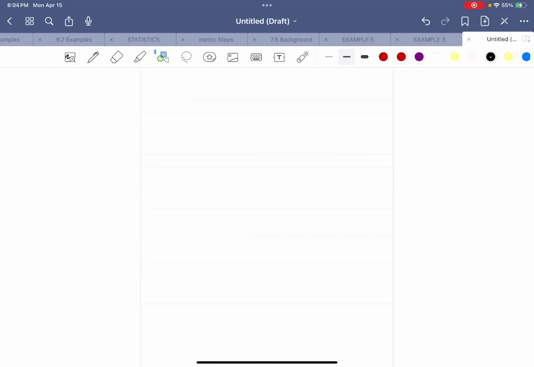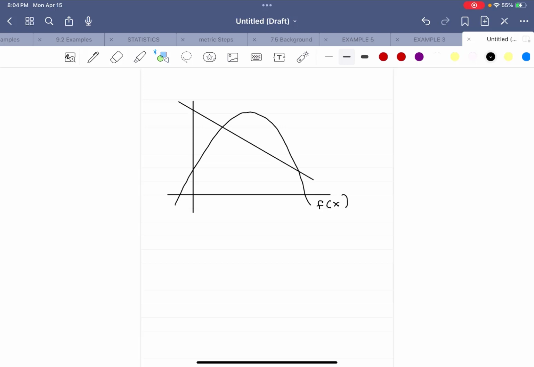So let's say this time I have, and I'm just going to make up two functions. Let's say that this is f of x, and this is g of x. And I want to know the area between here and here.